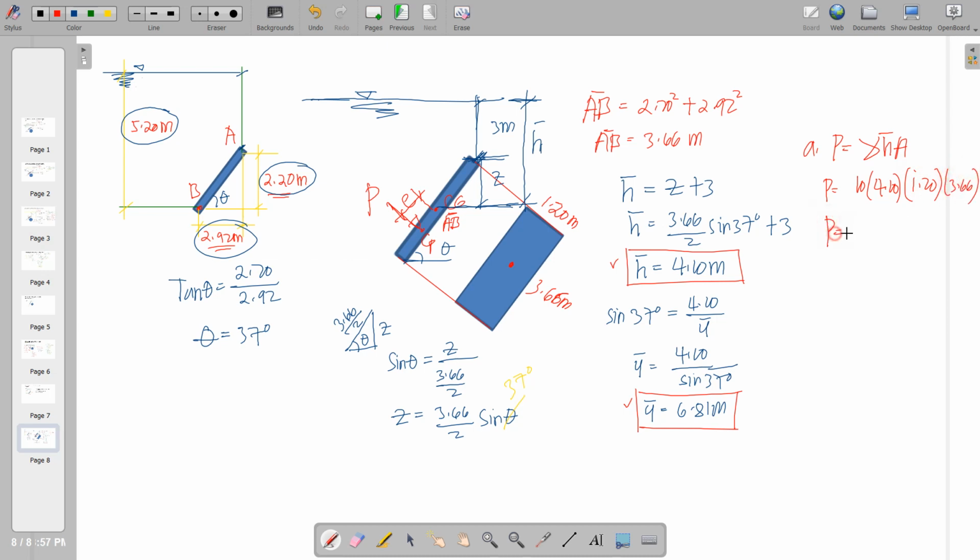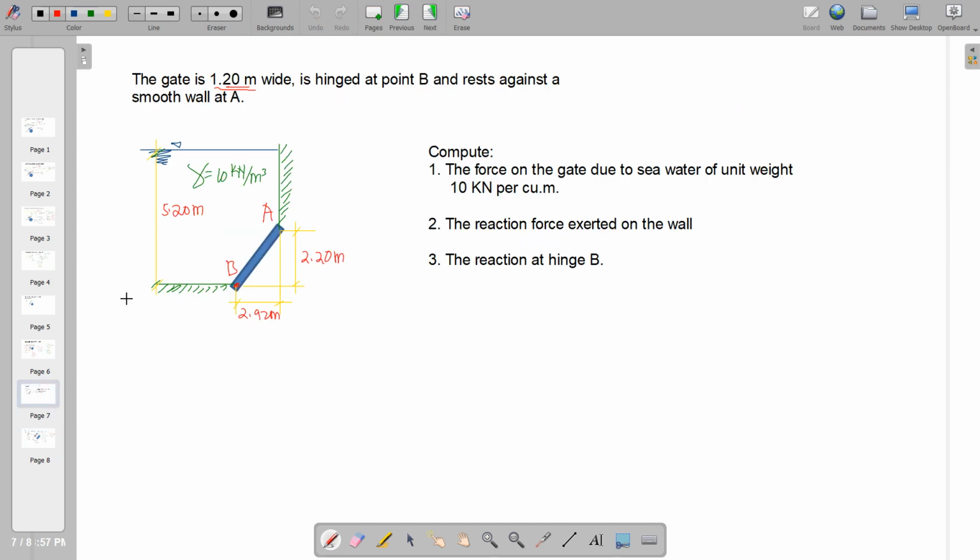Therefore, P here will be equal to 176.65 kilonewton. Which is actually the first unknown, the force on the gate due to seawater of unit weight. And then the next unknown, the reaction force exerted on the wall.